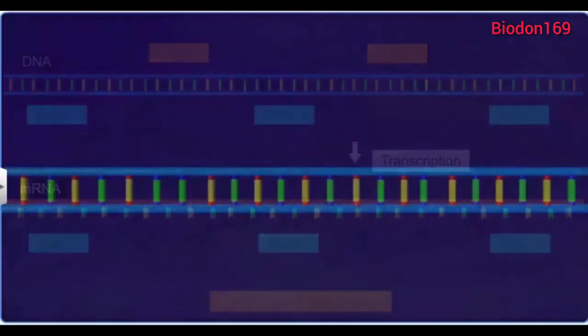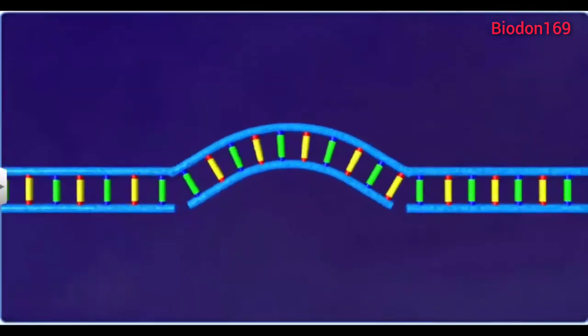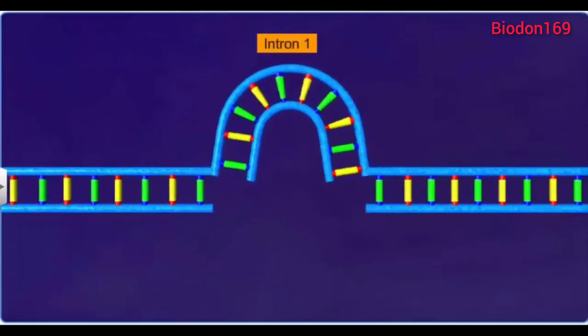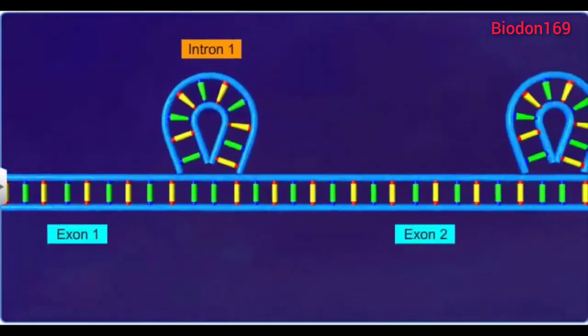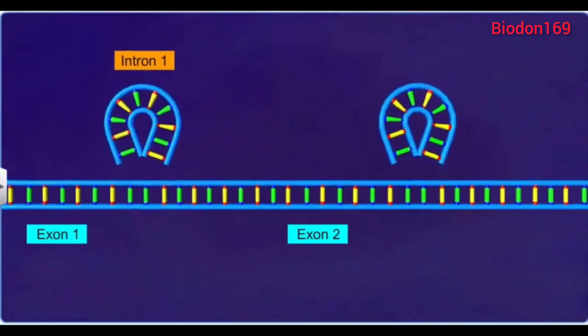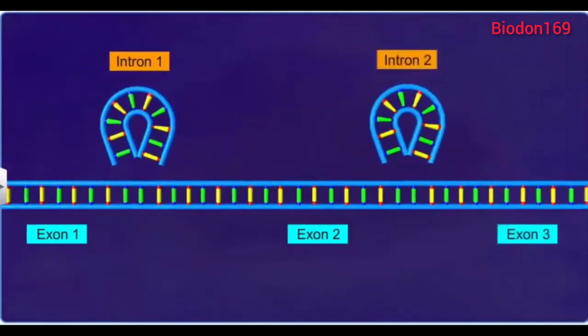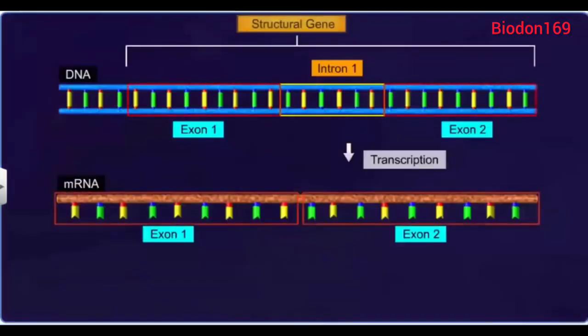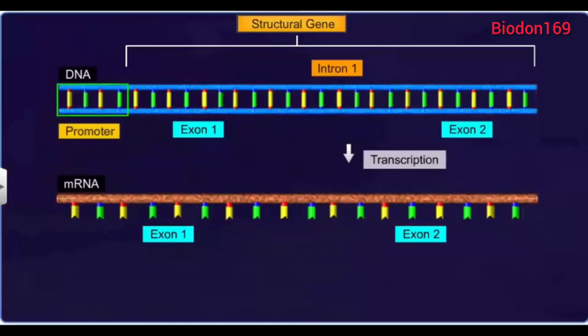The process of transcription helps remove introns and joins exons as functional messenger RNA. It is the exons in the structural gene, along with the promoter, which determine the inheritance of a character.